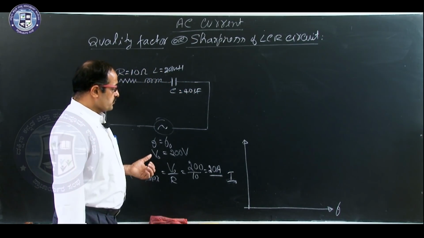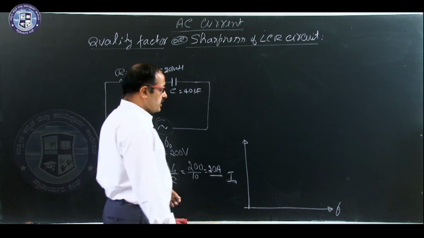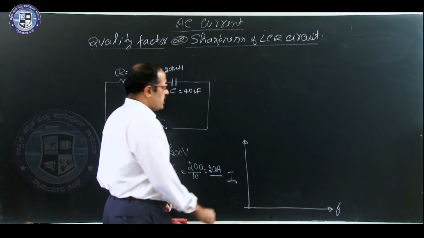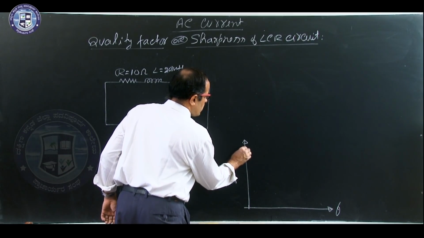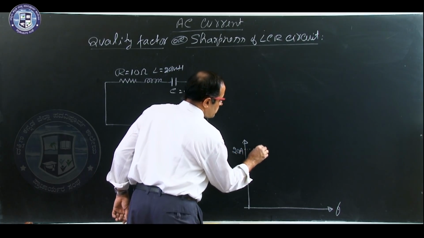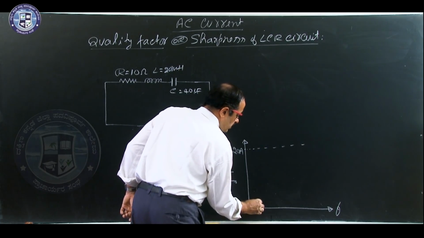Now, we know at resonant frequency current will be maximum, and what is the maximum current? 20 ampere. Let us say that 20 ampere is here. So, the graph will be like this.